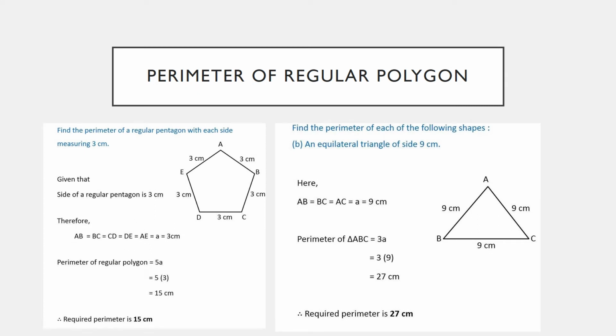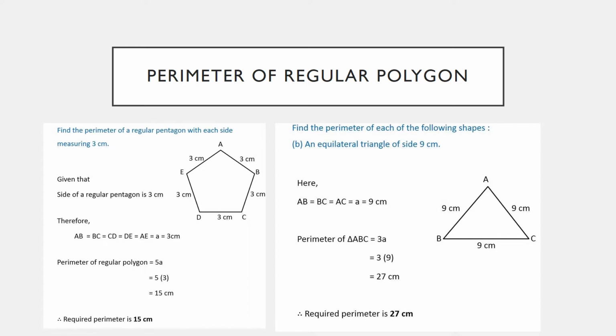Now let us see how to find the perimeter of regular polygons. The first example here is: find the perimeter of a regular pentagon with each side measuring 3 centimeter. Now pentagon has 5 sides.